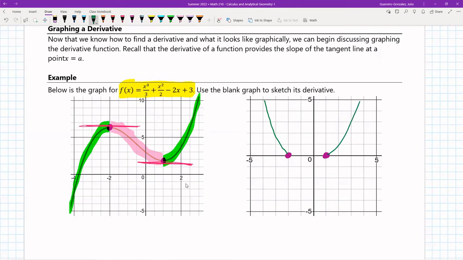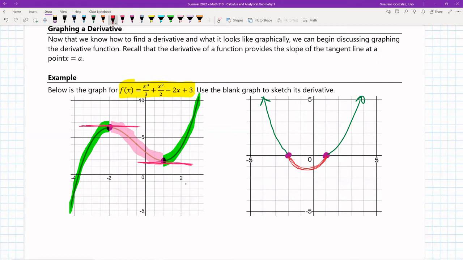So those are increasing as well. So that way, that way. Okay. The only strip that's left is the strip between -2 and +1. Those are all negative. So something like this. So there we go. We graphed our derivative.